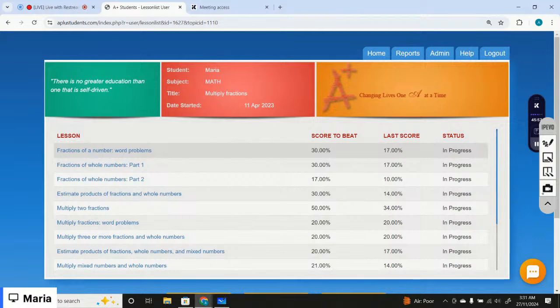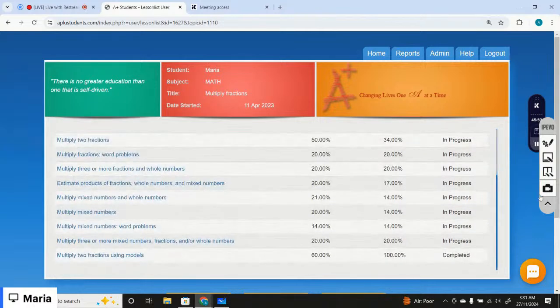The next lesson is multiply two fractions using models.